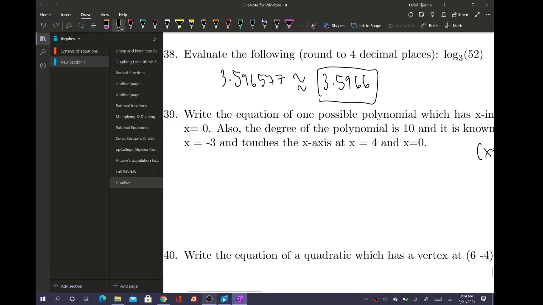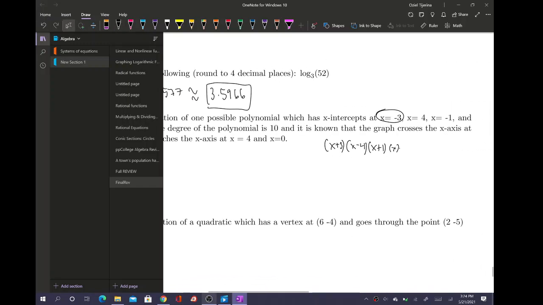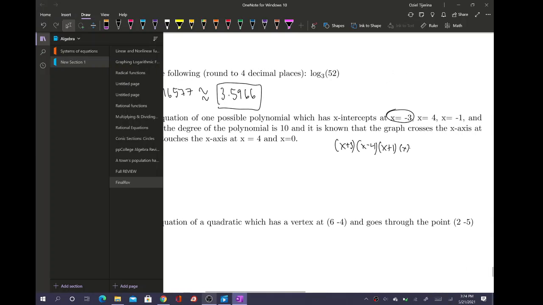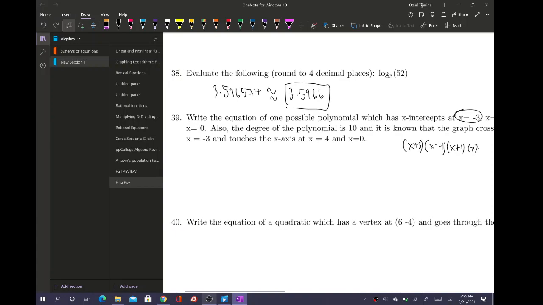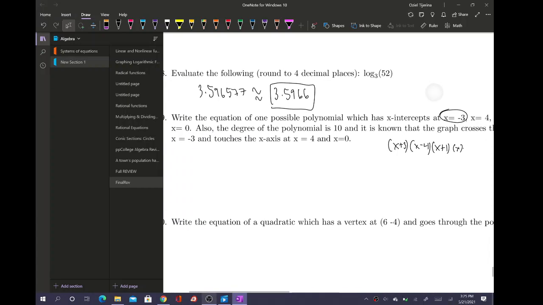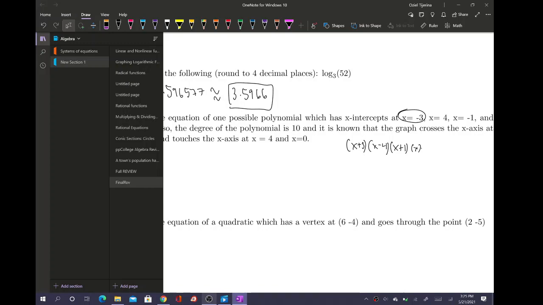And it says that the degree of this polynomial is 10, and it is known that the graph crosses the x-axis at x equals -3 and touches the x-axis at x equals 4 and x equals 0. So obviously, we already know that.